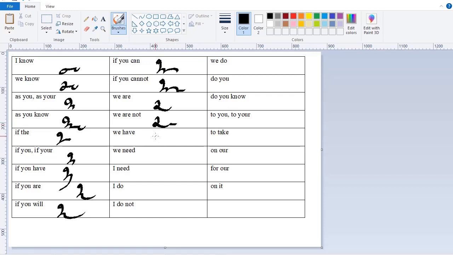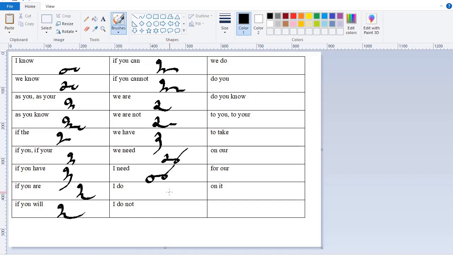We have, so we have we, and then have. We need, so we have we, and then need, N-E-D. I need, so we have I, which is your big circle, and then need, N-E-D. I do.